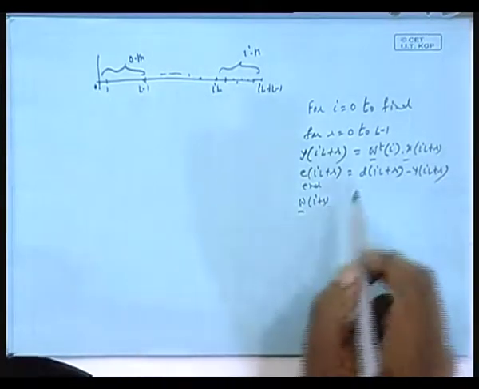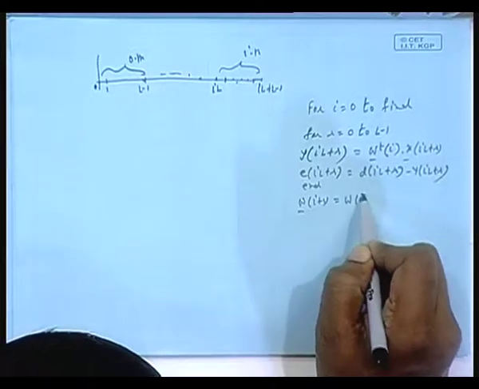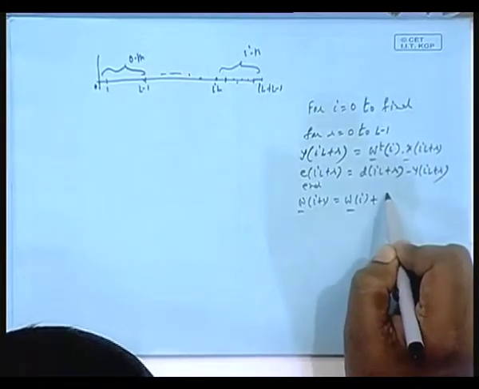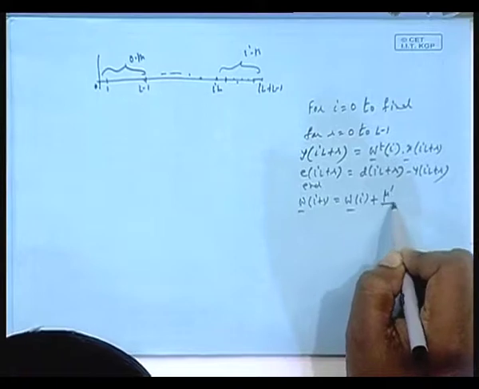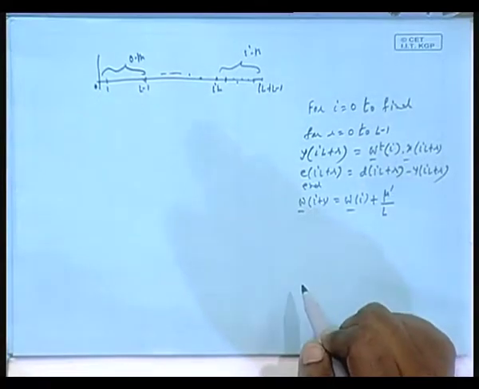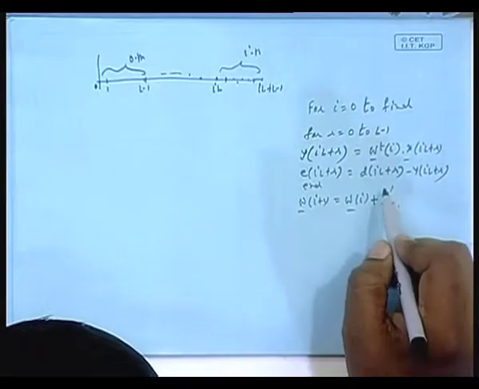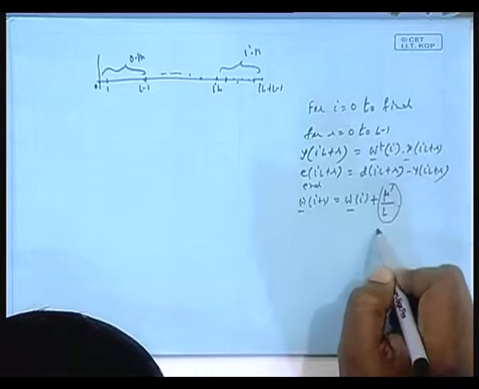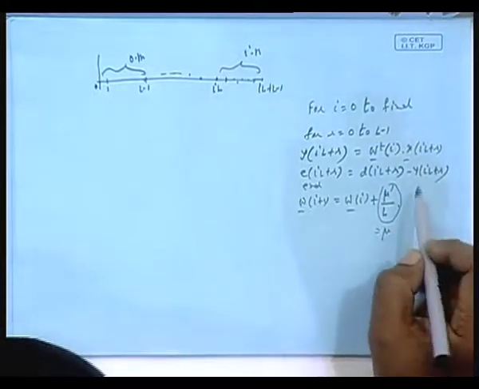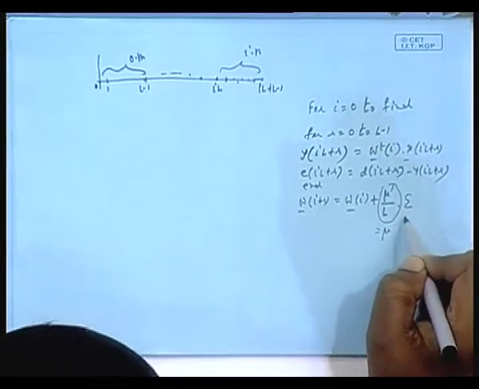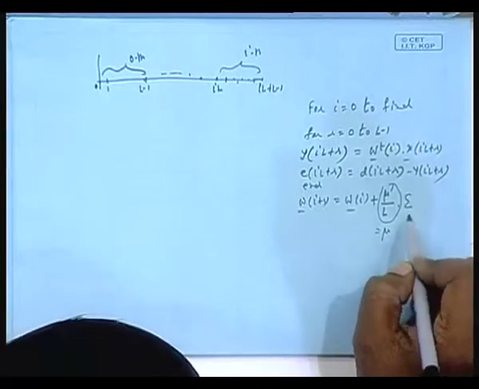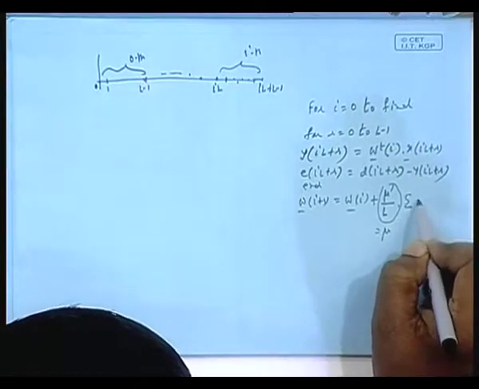That starts at W of i plus 1 equals W of i plus, yesterday we have seen, some mu prime by L. This entire quantity you can rename as some mu, into a summation. So you need more computation actually, there is a summation. The summation was over what?